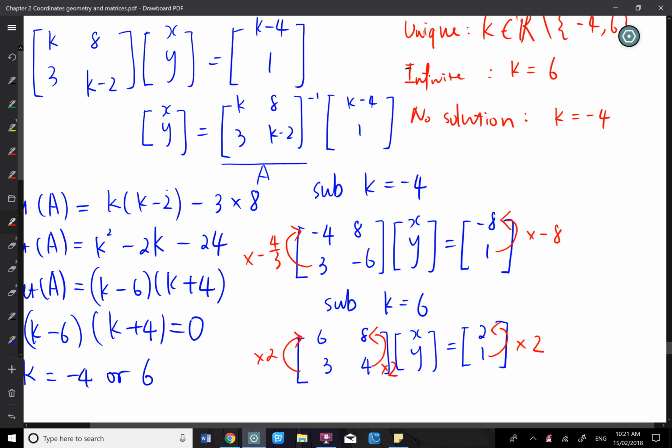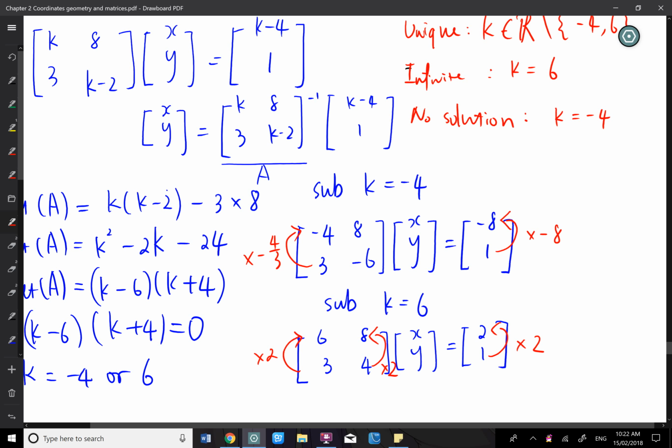So 2 different examples show you that sometimes you just don't have an infinite solution case. There's no such k value that will always give the simultaneous equation infinitely many solutions.